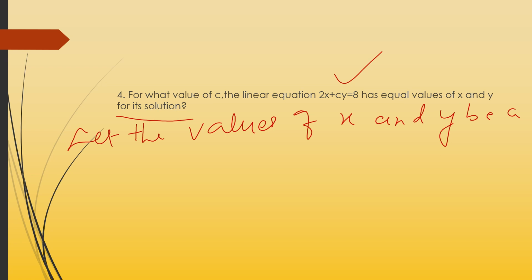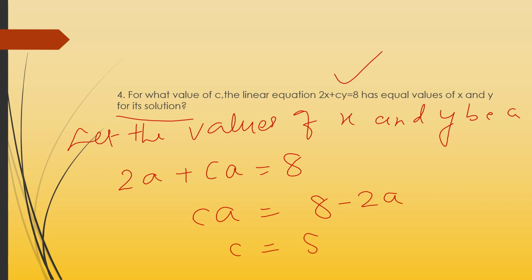Substitute the value: 2a plus c into a is equal to 8. There are two variables, so we will find the value of c in terms of a. 8 minus 2a we can write down. c will be equal to (8 minus 2a) by a, because the value of a is clearly not mentioned. Only it is given that x and y both have equal values. So we will find the value of c in terms of a. So here is your solution.